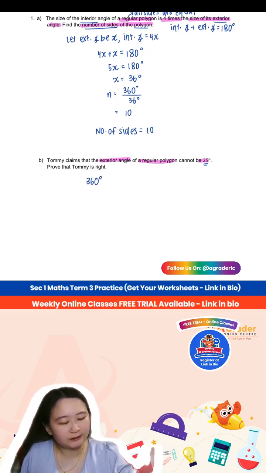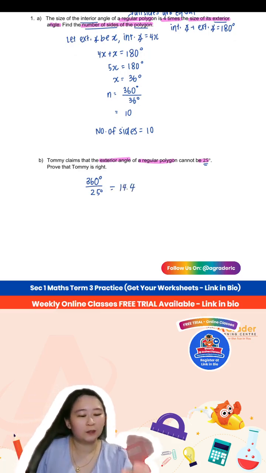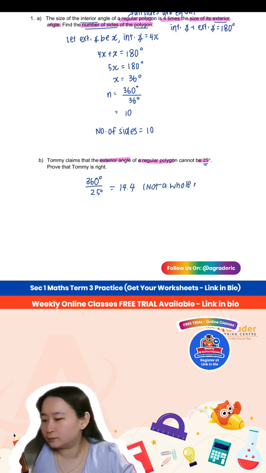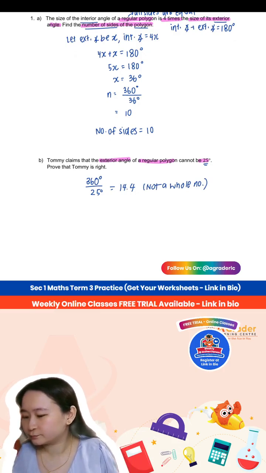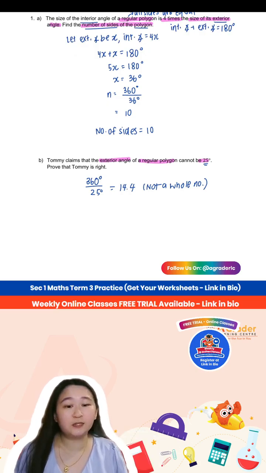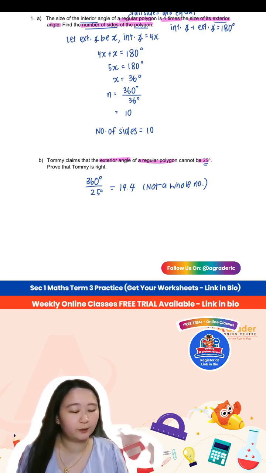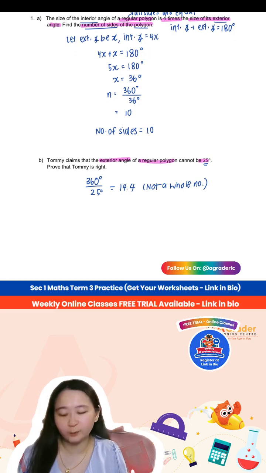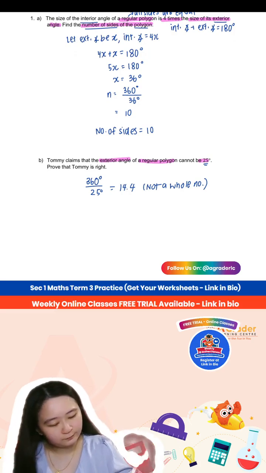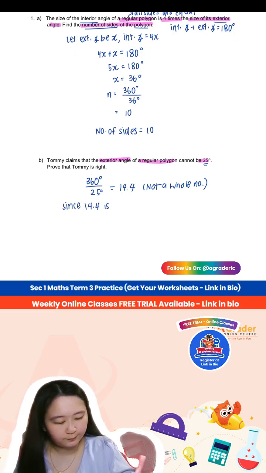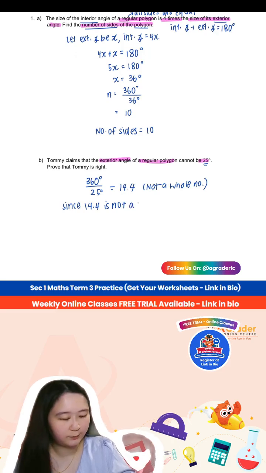We can take 360 degrees divided by 25 degrees, we get 14.4, which is not a whole number. Okay, so if it's not a whole number, it's not possible because we can't have the number of sides be in decimal.